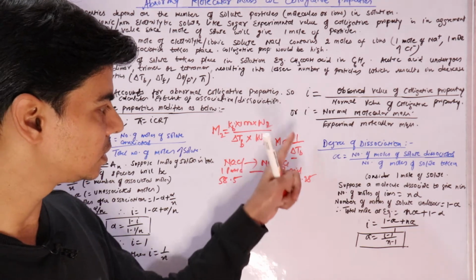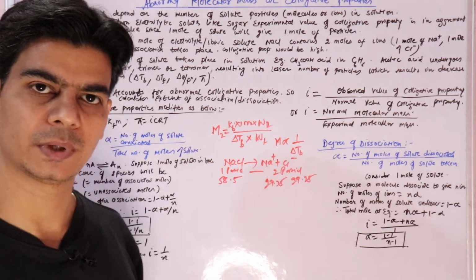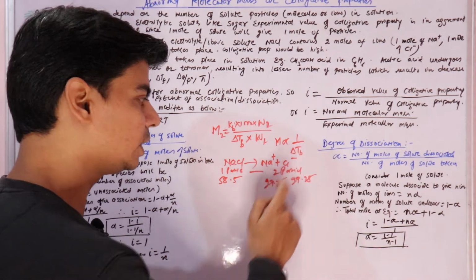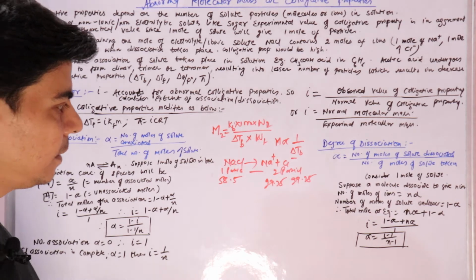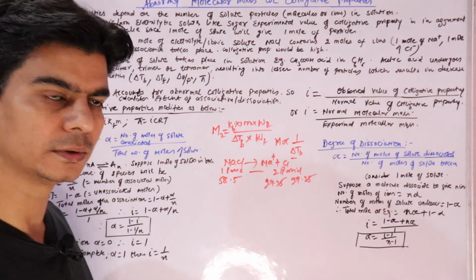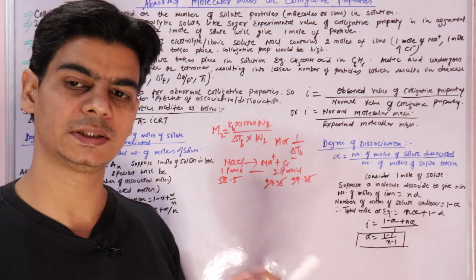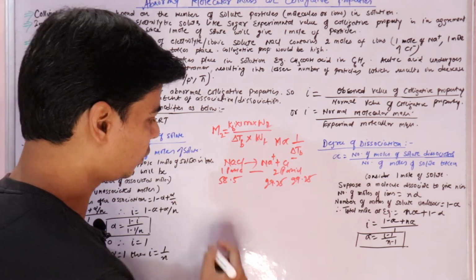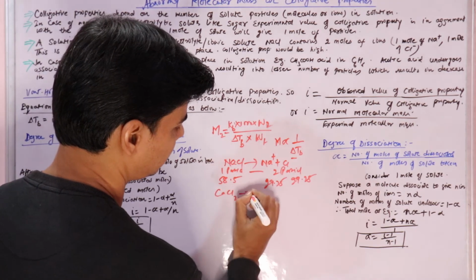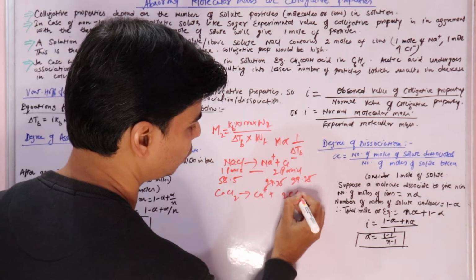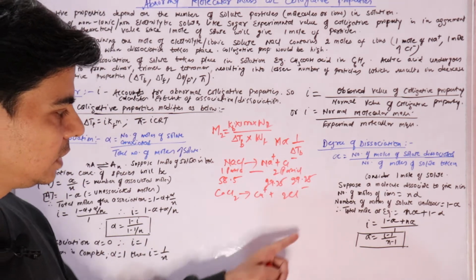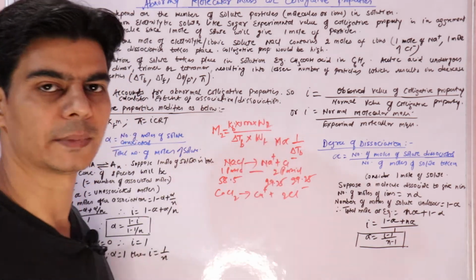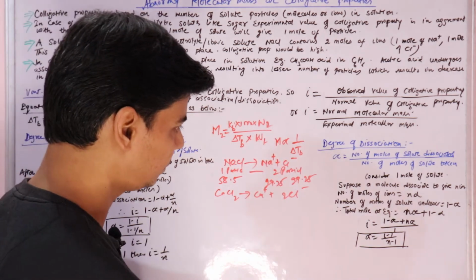But due to the increase in the number of particles, the colligative property has increased. If you take other examples, like calcium chloride, it will dissociate to form 3 particles, a calcium ion plus 2 chloride ions. So in this case also you will observe an increase in colligative properties and a decrease in molecular mass.